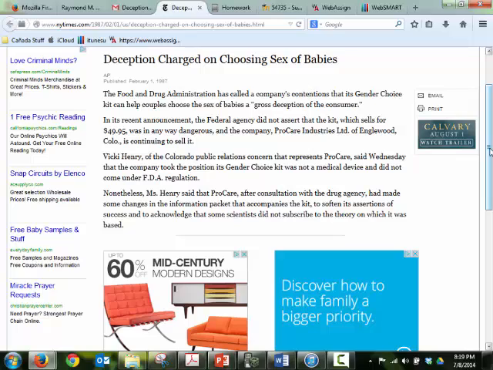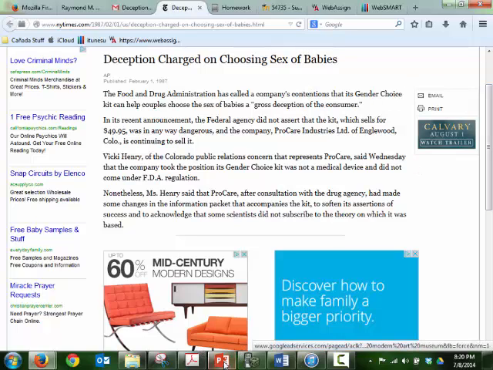I guess they have to make sure, because the Y chromosome comes from the father, right? And so they have to pick that Y chromosome from the sperm cell so that they can fertilize the egg. But yeah, this is just supposed to be a kit of diet and whatever else that they have. Anyways, that's kind of interesting.